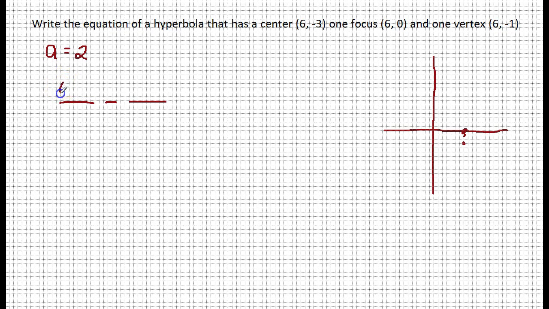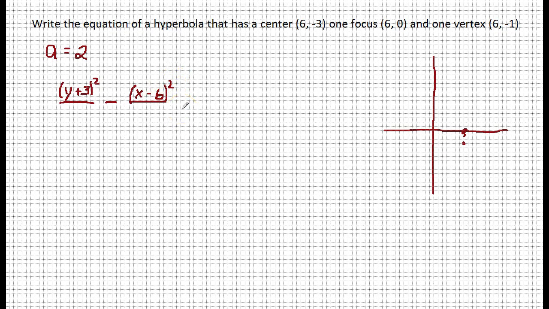So I am going to say y, now minus -3 gives you a +3, quantity squared, and then I have x minus 6, quantity squared.